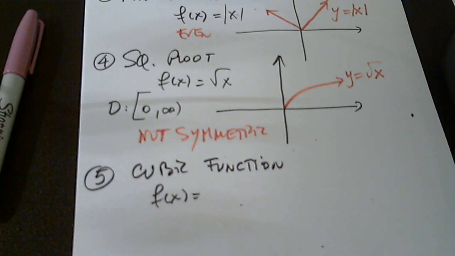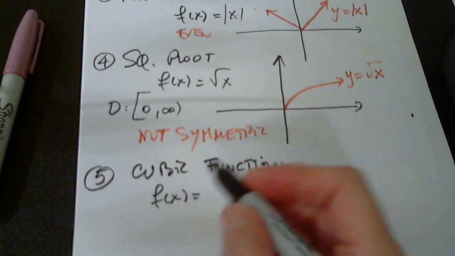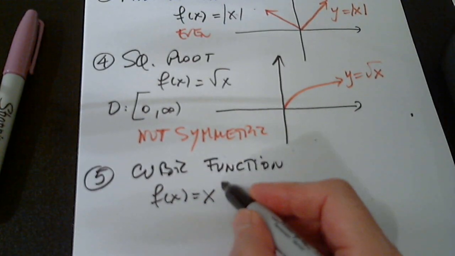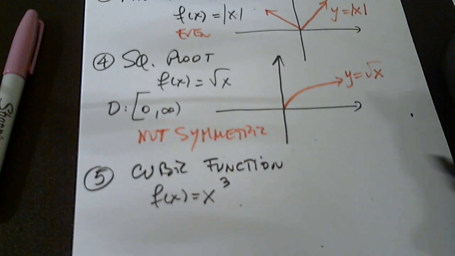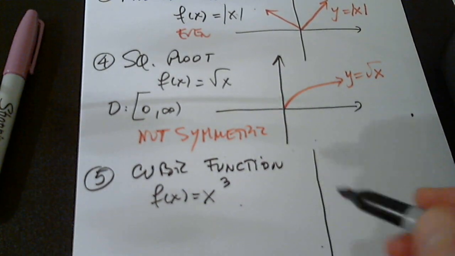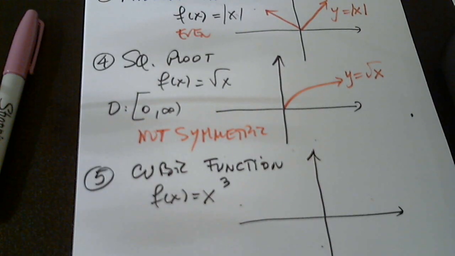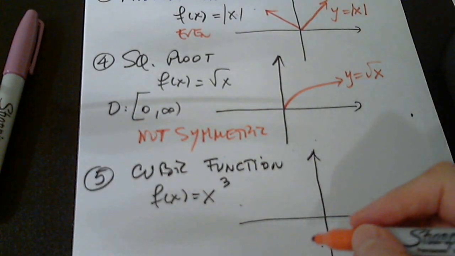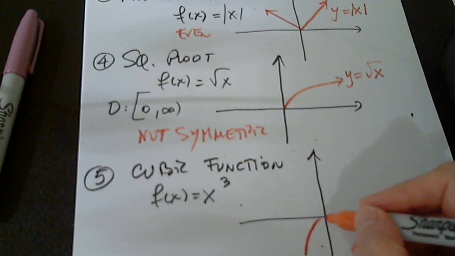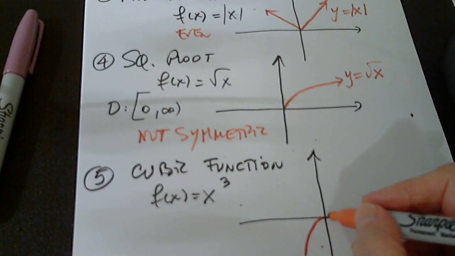What do you think it is going to be? We never talked about cubic functions, but I was expecting somebody to say x to the third. That's it. Simple cubic function. So here's the graph for the cubic function. We're going to study it in chapter 3.